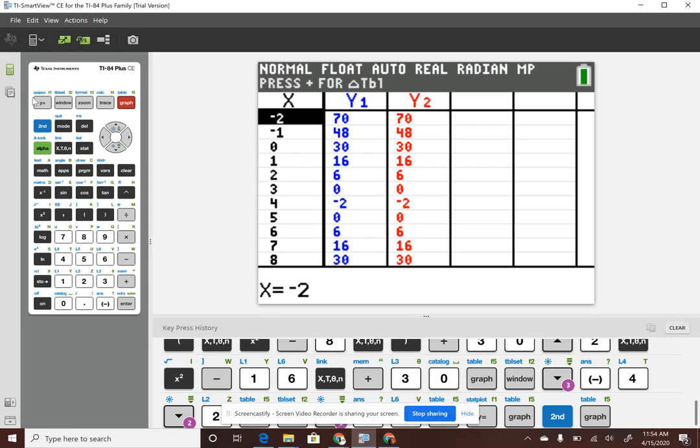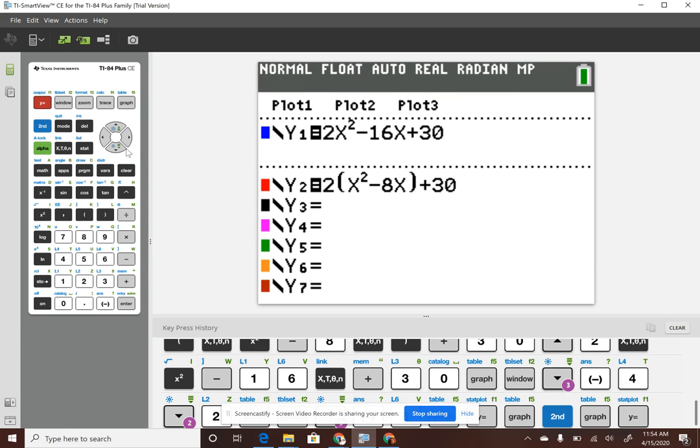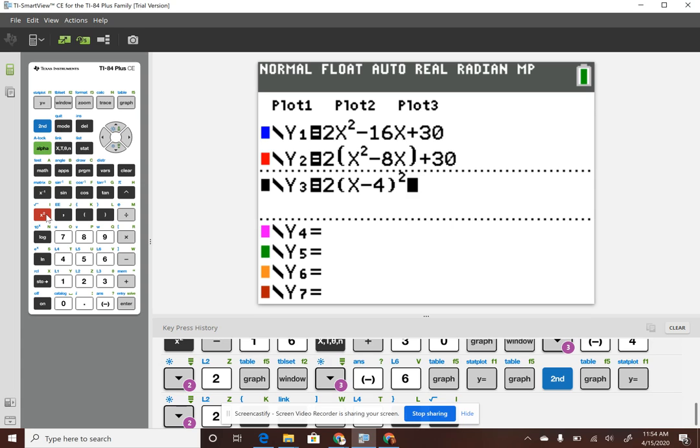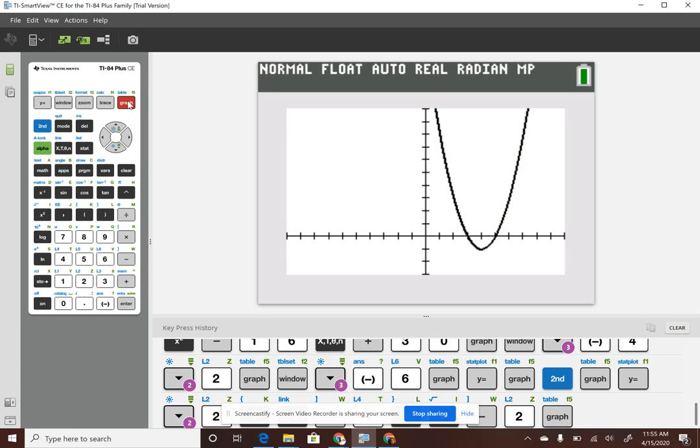And now I'm just going to check my final answer. So I'm going to add a third one in here. And this is my final answer, which is written in vertex form. 2 parentheses, x subtract 4, close parentheses squared, subtract 2. Graph. Yep, all 3 are equivalent. That means that I am definitely correct.